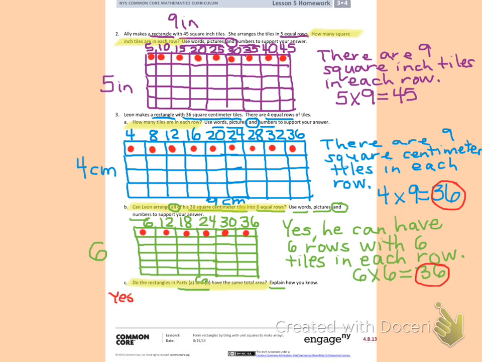Yes, they both have an area of 36 square centimeters.